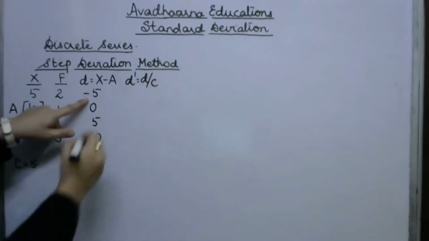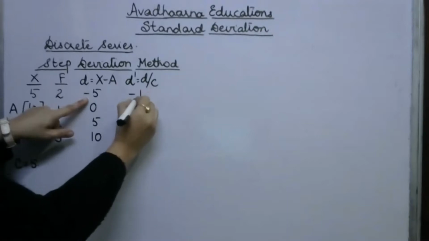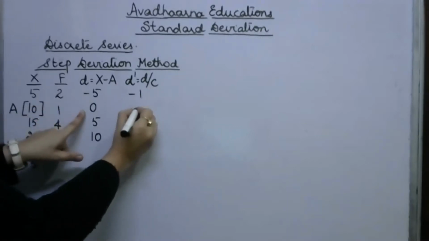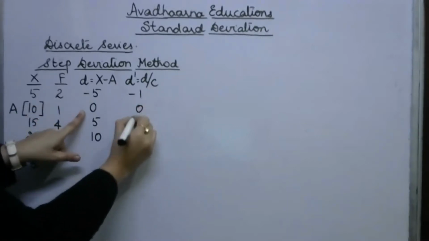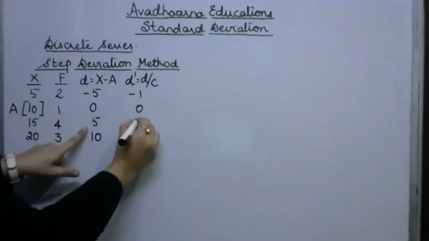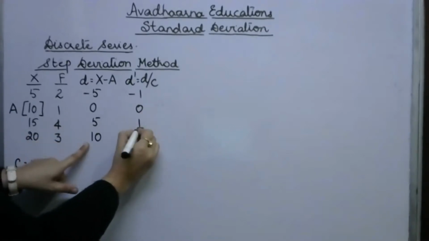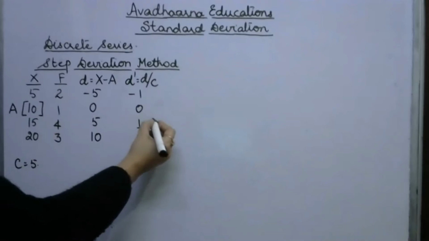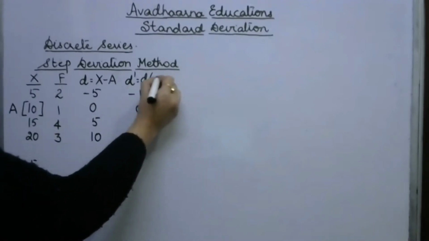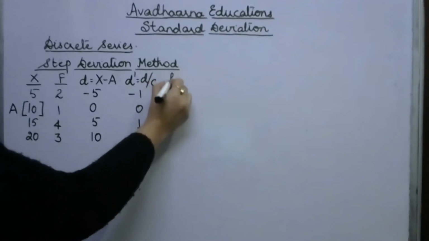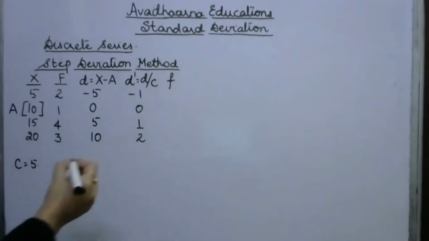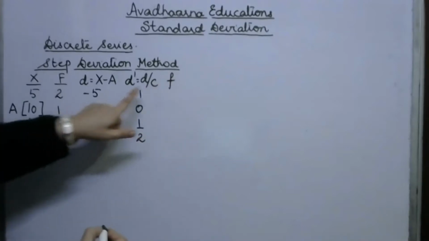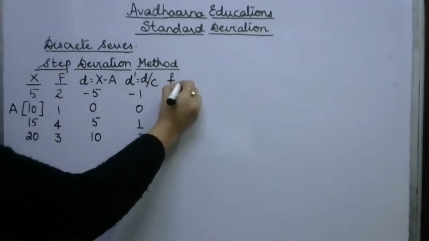So minus 5 upon 5 is minus 1. 0 upon 5 is 0. 5 upon 5 is 1. And 10 upon 5 is 2. Now the same steps we are going to follow which we have followed in case of the assumed mean method. We'll calculate f d dash.